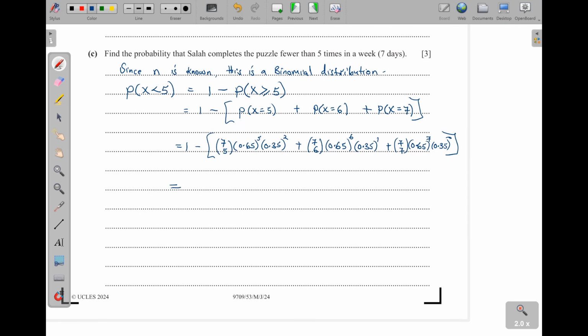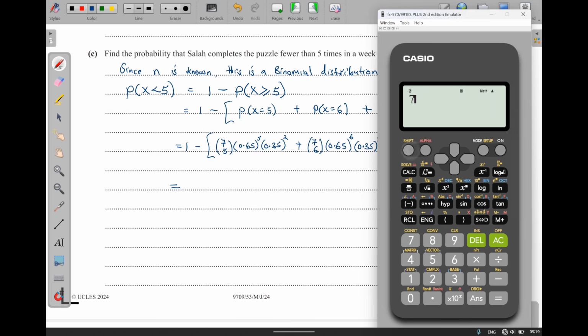Okay, and then what do we get? So I'm going to put everything on the calculator. 7 combination, let me just put everything in brackets like this, 7 combination 5, then times 0.65 power 5, then times 0.35 squared, close the brackets.